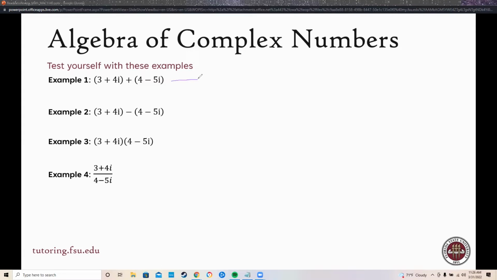So if I'm expanding this, I would have 3 plus 4 over here, and then plus 4i minus 5i. So I would think that this example evaluates to 7 minus i.